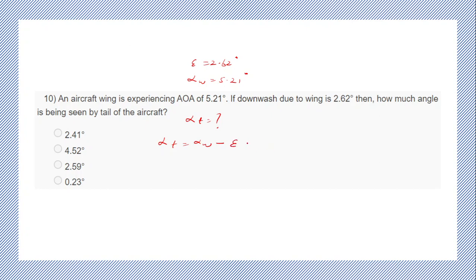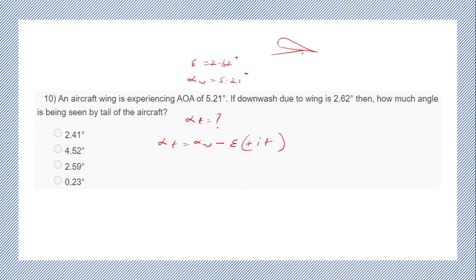If it had a tail setting angle, will it be minus IT? It will be plus IT, right? Because suppose your wing is experiencing an angle of attack here.